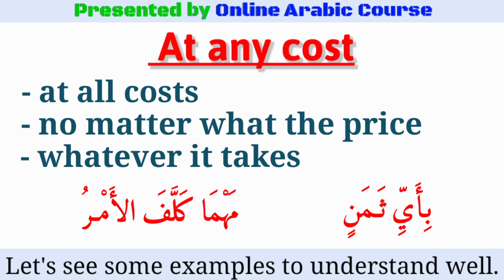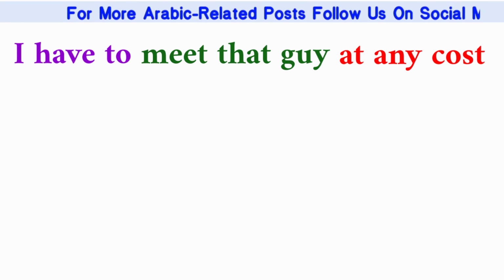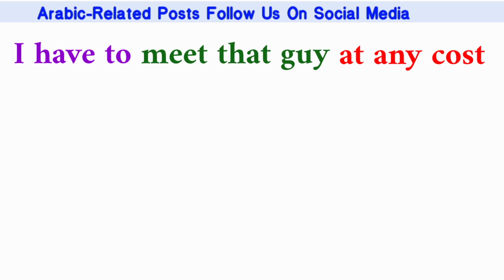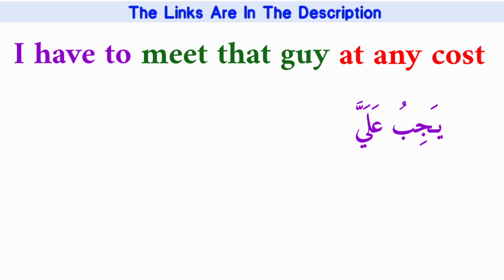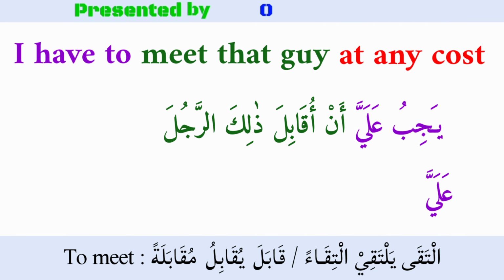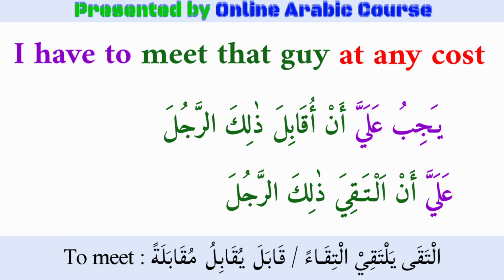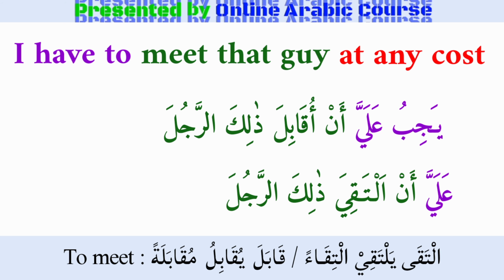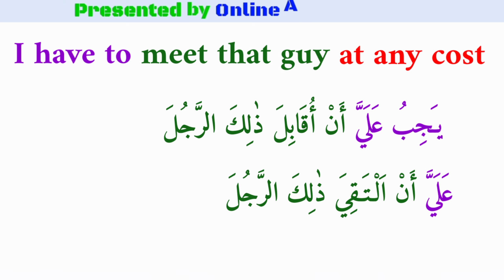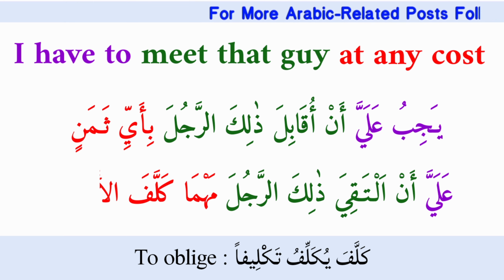So the first example is, I have to meet that guy at any cost. I have to means يجب علي or علي. Meet that guy أن أقابل ذلك الرجل or أن ألتقي ذلك الرجل. يجب علي أن أقابل ذلك الرجل or علي أن ألتقي ذلك الرجل at any cost بأي ثمن, or you can say مهما كلف الأمر.